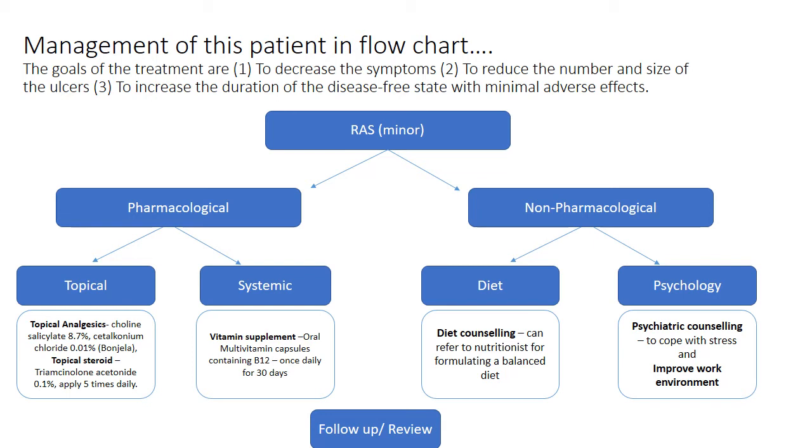Here we have five ulcers present in the mouth, along the labial and buccal mucosa. It is tender, the patient complains of pain, and there are no associated symptoms other than pain. The patient does not have any fever or other discomfort. So keeping that in mind, our treatment plan is formulated.